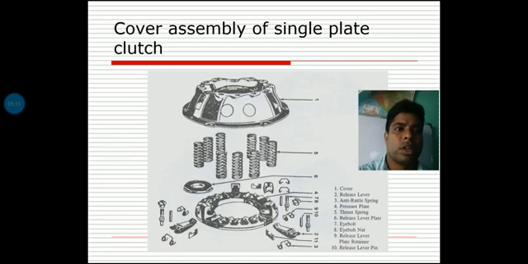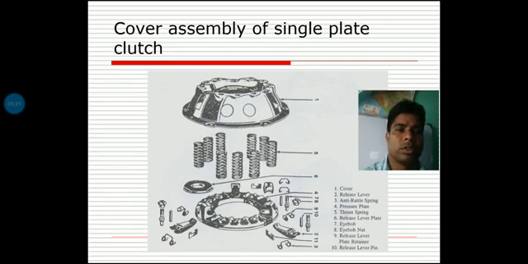Next is the plate retainer or release lever, and point number ten is the release lever pin. That pin is used to separate the parts: when all the parts are in assembled condition, we can easily separate each and every part by using this release lever pin.